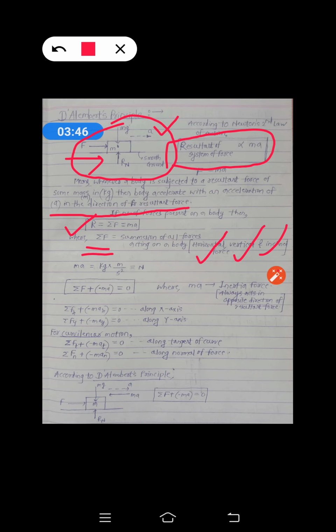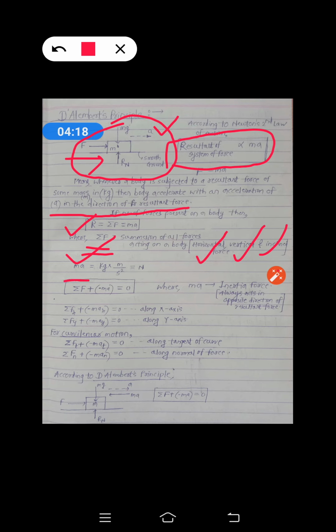If it is inclined, resolve that force into two components, x component and y component. This part we already discussed during concurrent force system. Once you find the summation of all the forces acting on the body, you equate it to mass into acceleration.